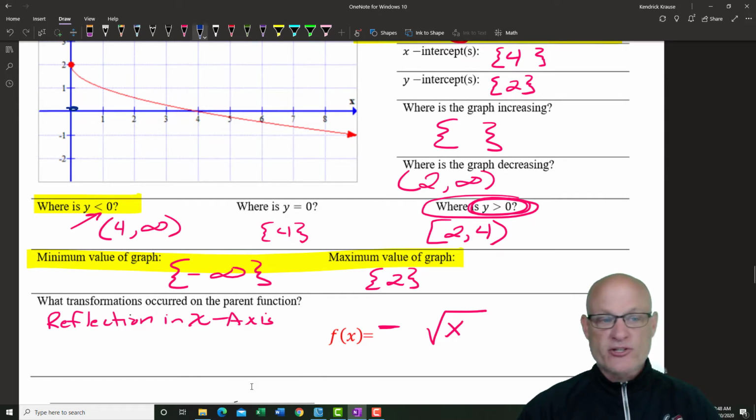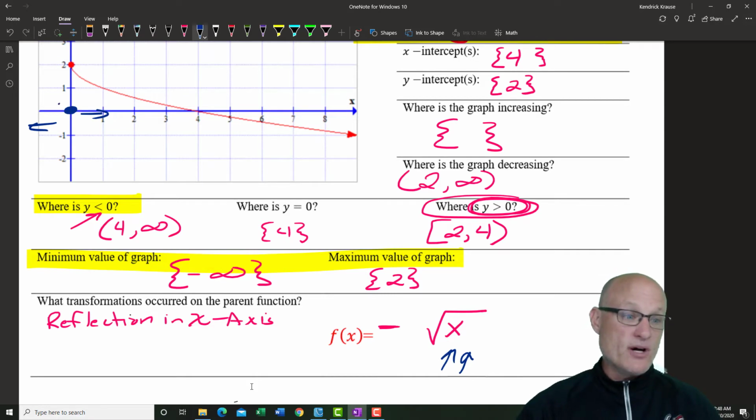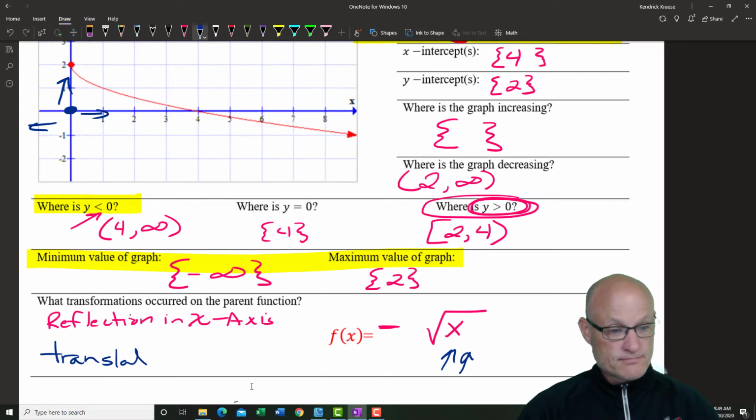Okay. Now, let's take a look at the center point. Normally, the starting point is at the origin, going in that direction. That's normally what we look at. Well, the center point did not move left or right at all. So nothing on the inside here because we did not move left or right at all. But we did move up 2. So we have a translation up 2.